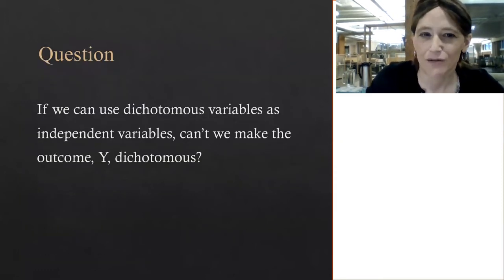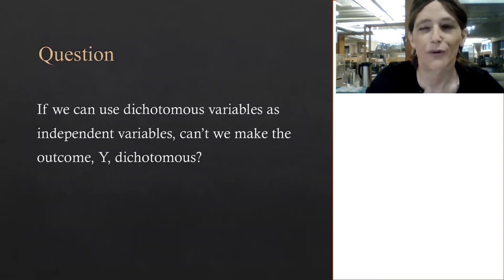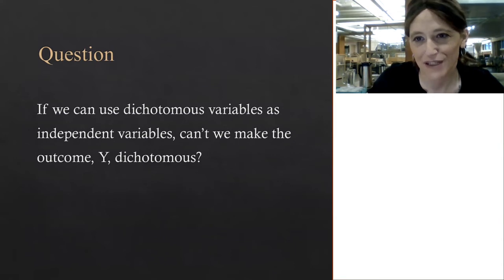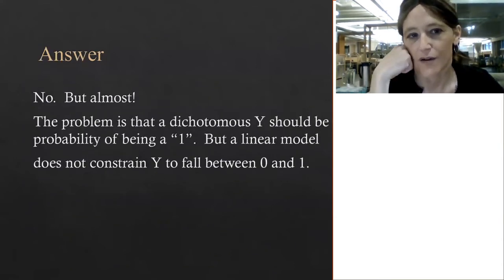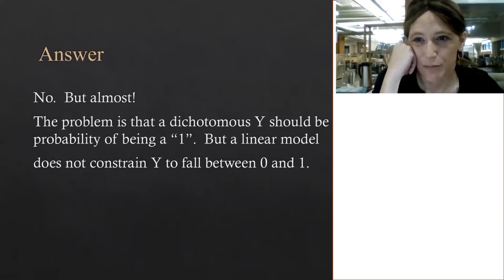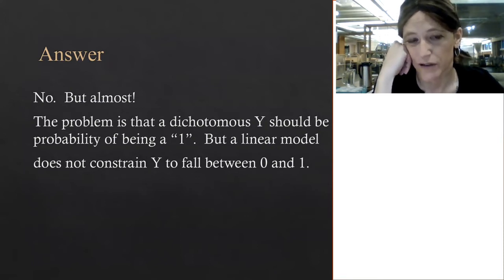Okay, so if we can use dichotomous variables as independent variables, can't we just make them the outcome, Y, and have the outcome be dichotomous as well? Well, you would think so, but you actually can't. And there's a reason for that. The reason is that the way that that would be interpreted would be the predicted probability of being a 1 or a 0.